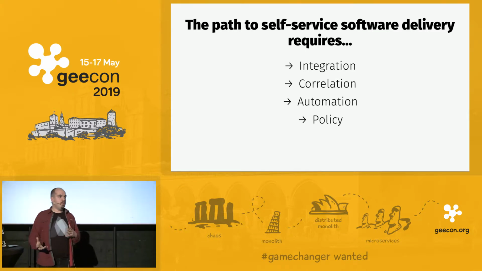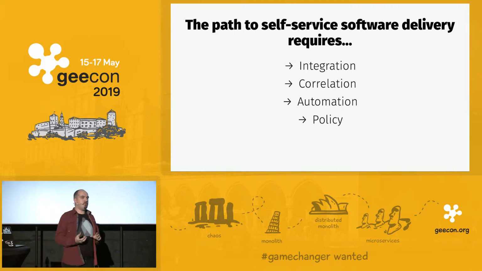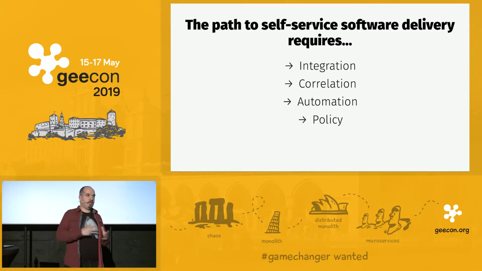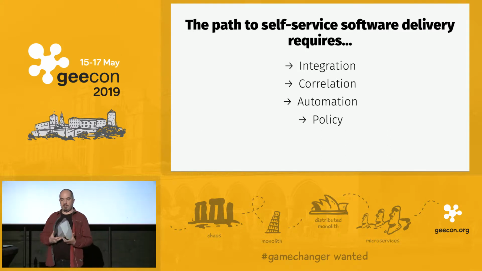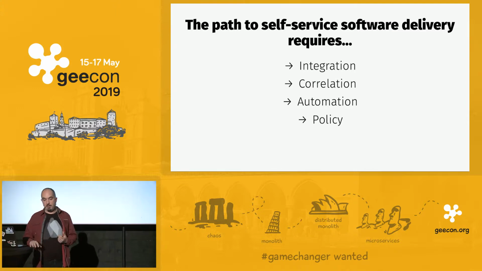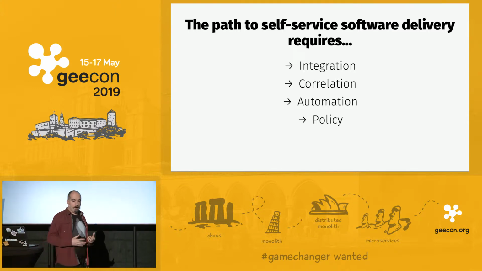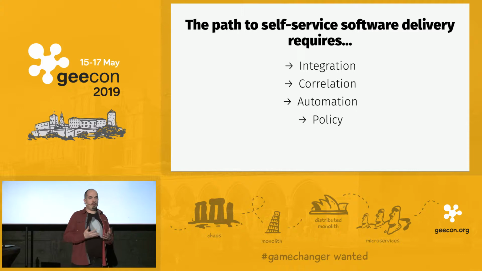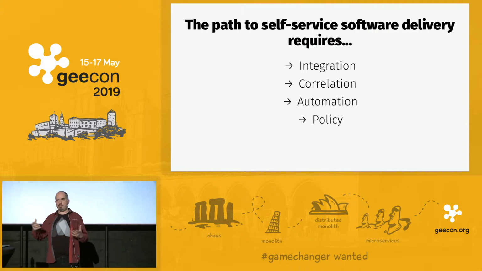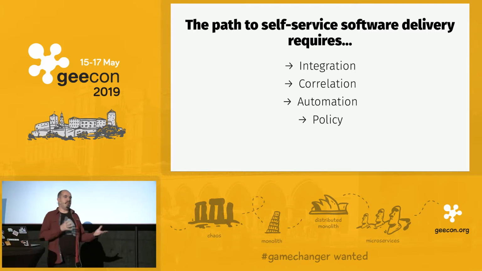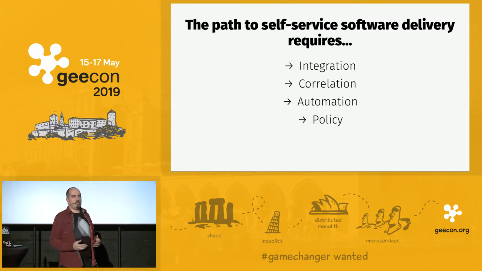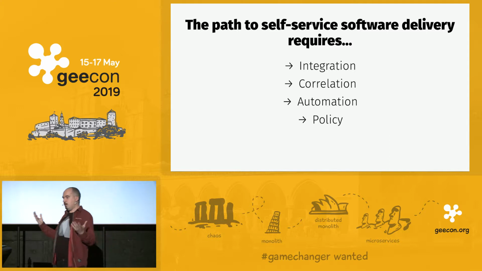So if a build comes in, we want to be able to track which commit actually triggered that build, or vice versa. If we have a commit, we want to see which builds resulted from it. We also want to be able to automate this. We don't want to do manual stuff anymore. We just want to commit and make sure that everything goes into production, completely automated.